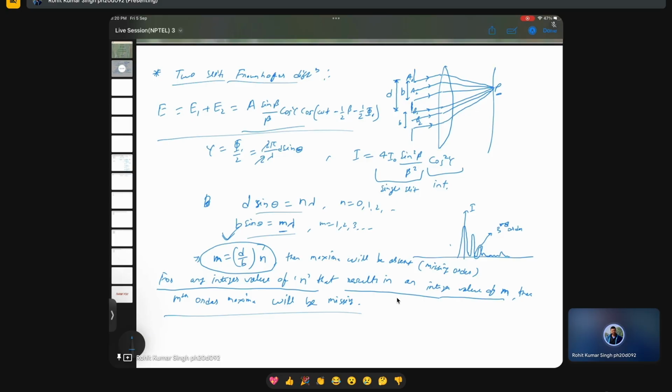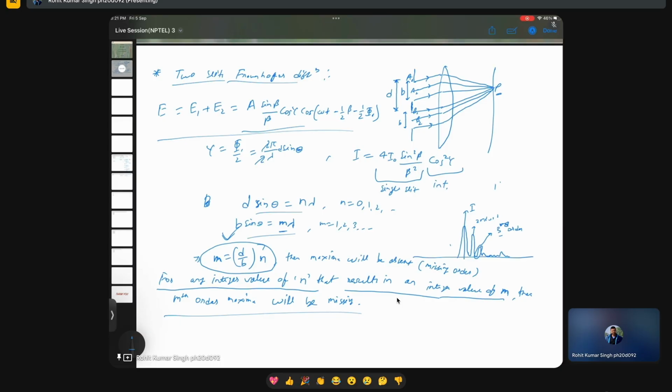If second order and third order are both missing, then you can say second order might coincide with the first order of the diffraction minima, and third order coinciding with the second order of the diffraction minima, or whatever the next order is. But if only one order is missing, that means it is coinciding with the minimum order of the diffraction minima.